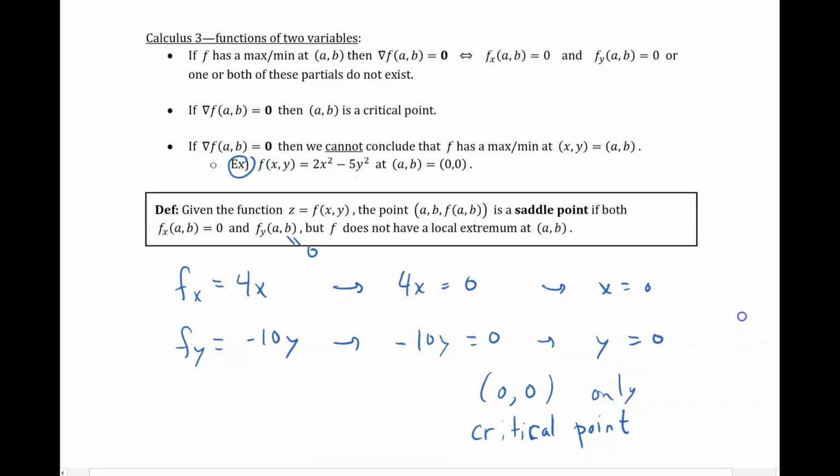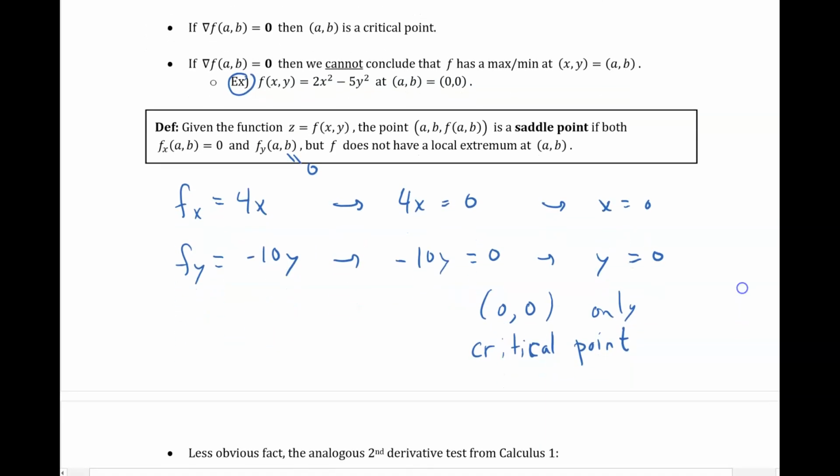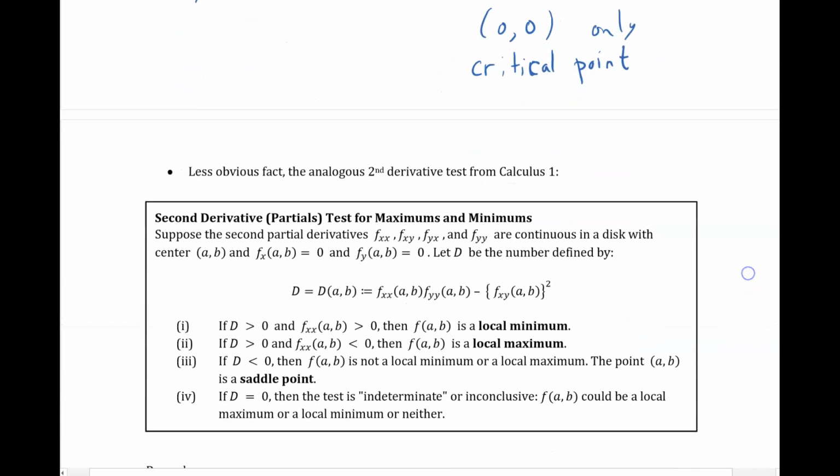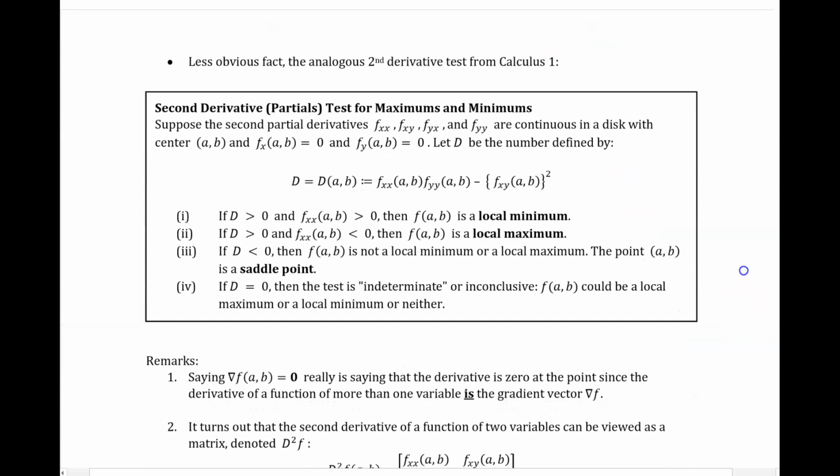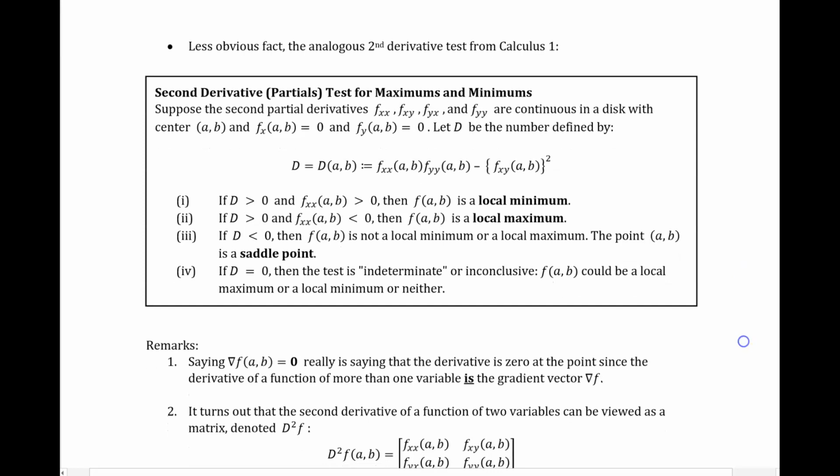Let's take a look at our second partials test. This is an extension, or an analog, to the second derivative test from Calc 1. It's a little more complicated. We have to assume that the function is twice differentiable and that its partial derivatives listed up here are all continuous.